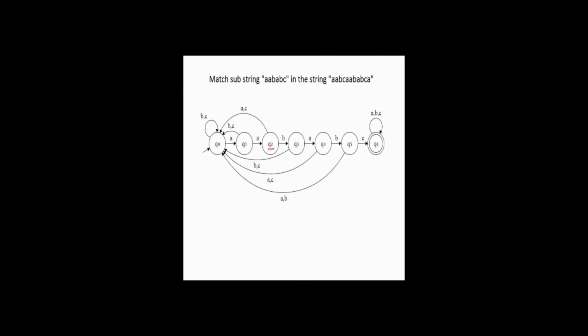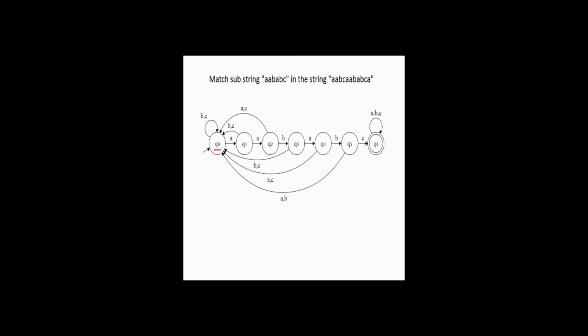In state Q2, we read the third letter in the string, which also matches our substring, so we transition to state Q3. Now, in this state, we want another A to match our substring. However, we read a C, therefore we must go back to state Q0 and we must start again.